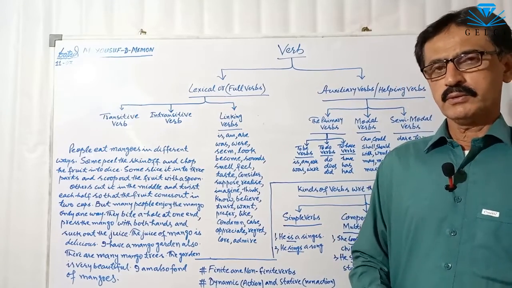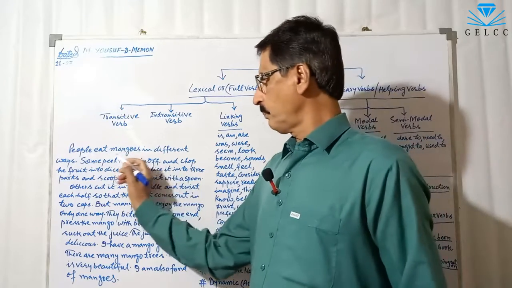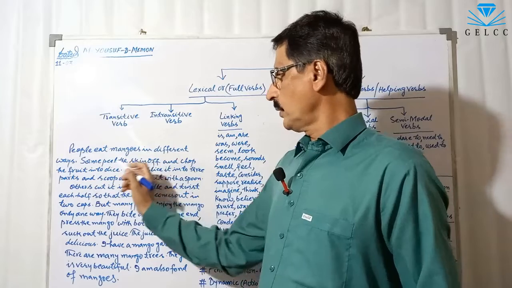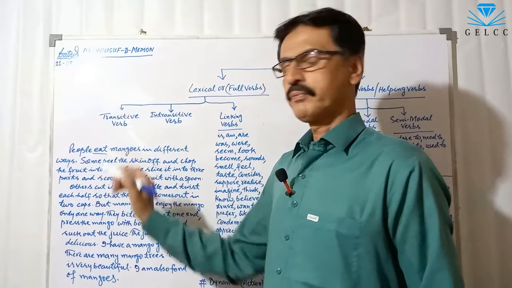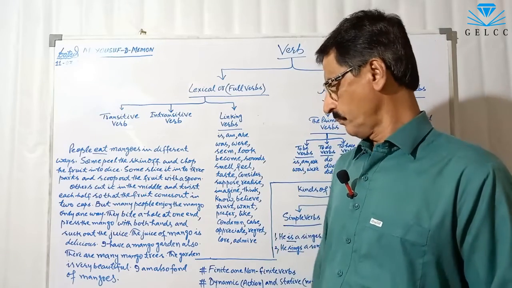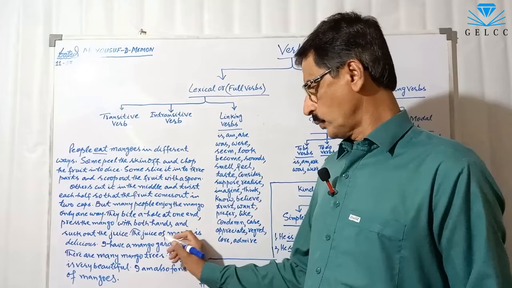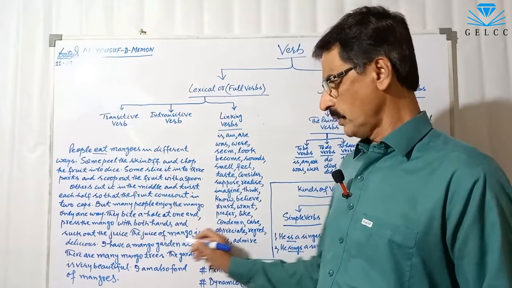look at these 3 or 4 words. People eat mangoes in different ways. Eat, this is a verb. People eat mangoes. The juice of mango is delicious.